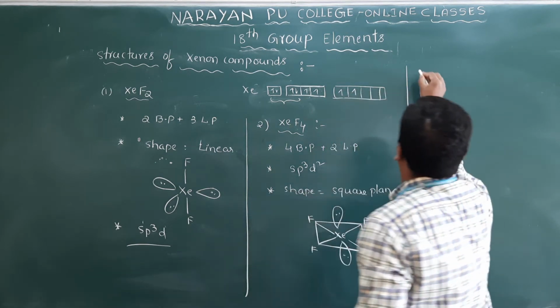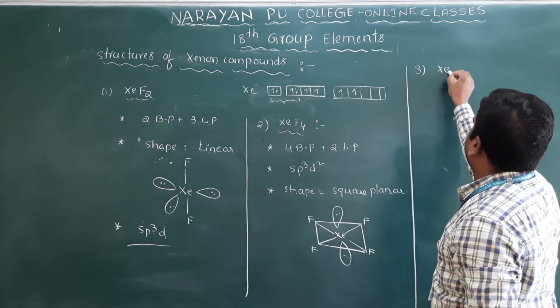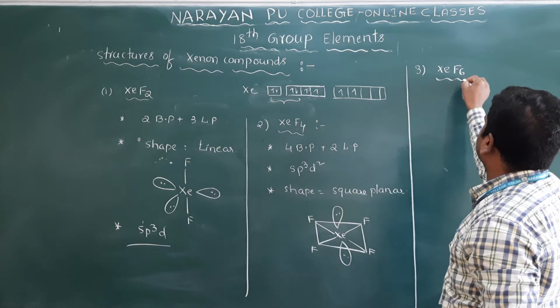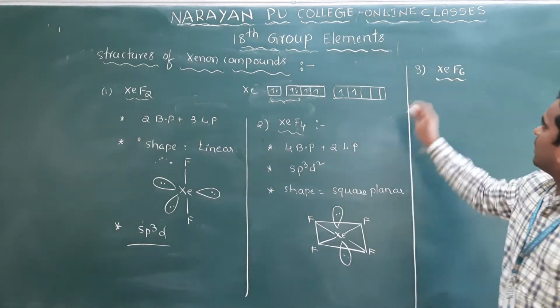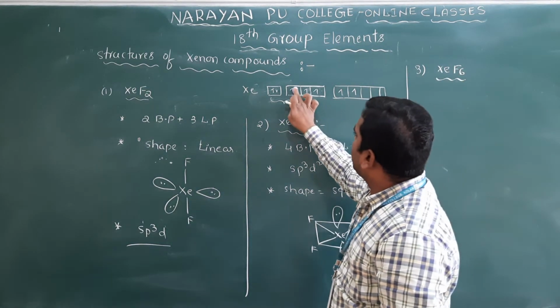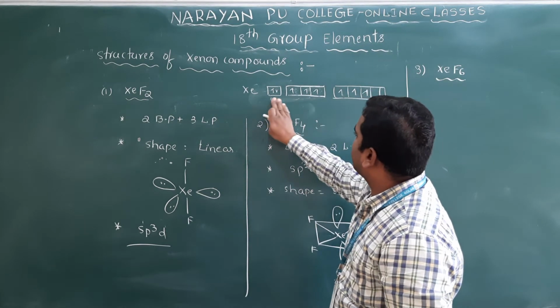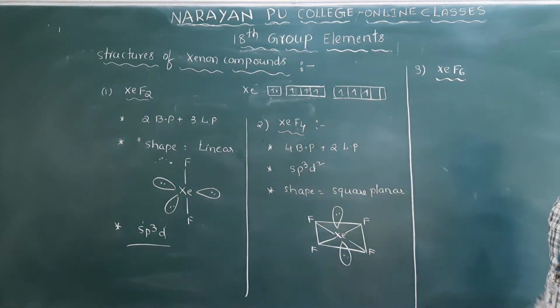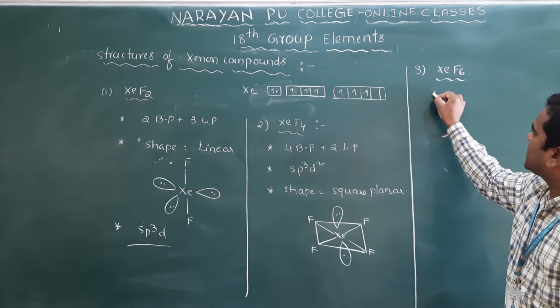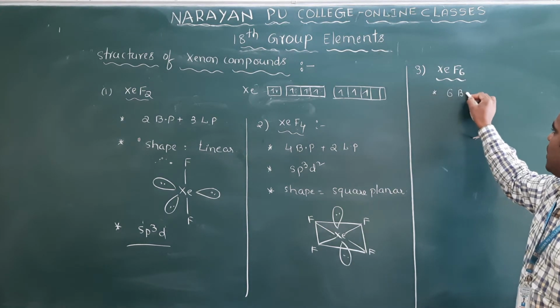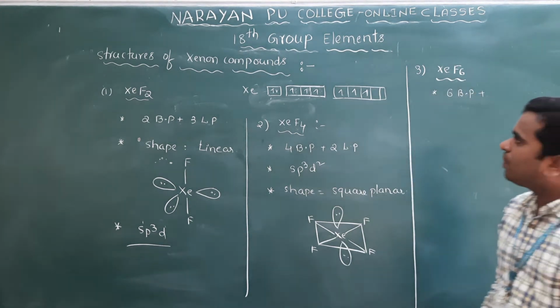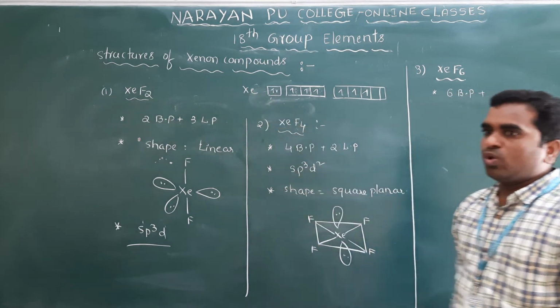And the third one is XeF6. How many bonds is it forming? 6 bonds, which means the third excited state. So it has 6 bond pairs and only one lone pair.